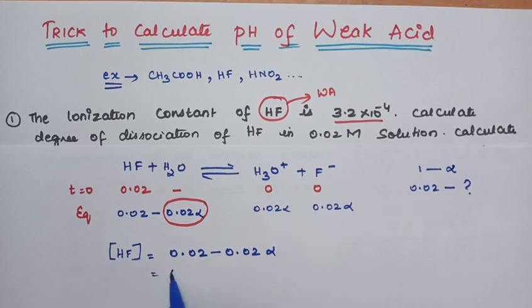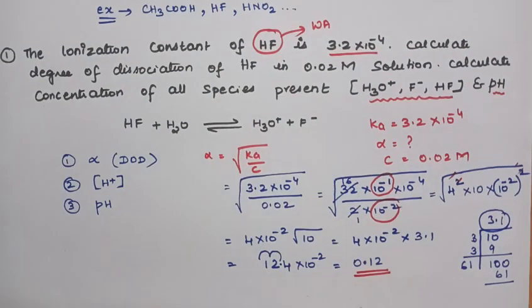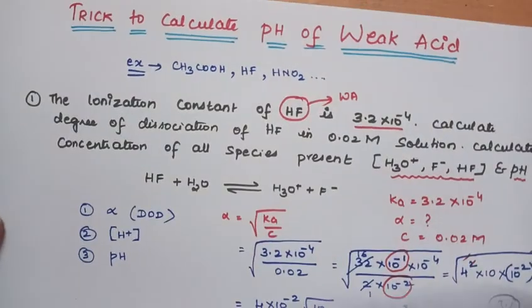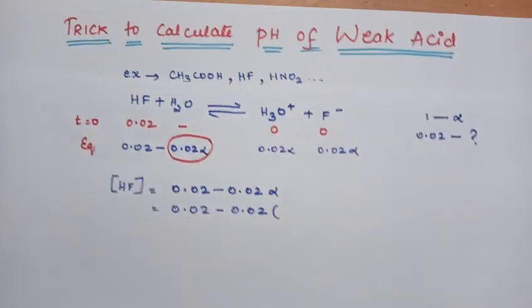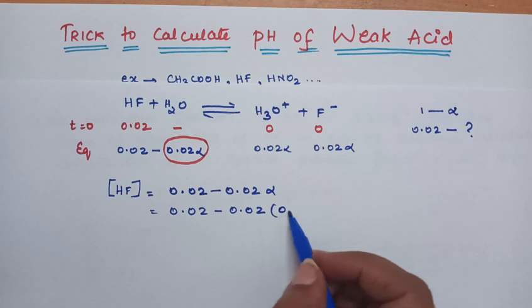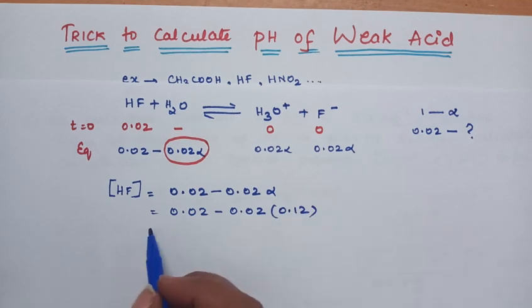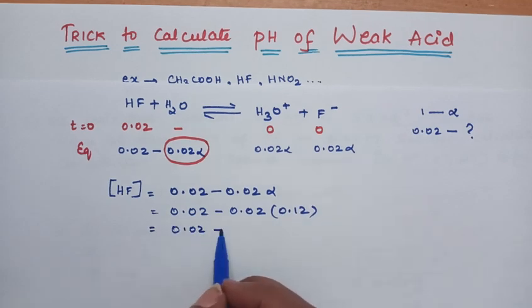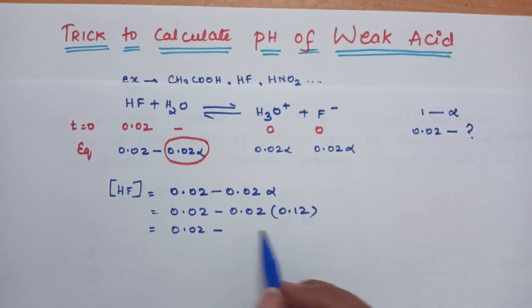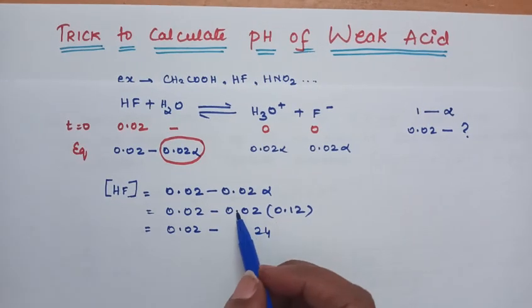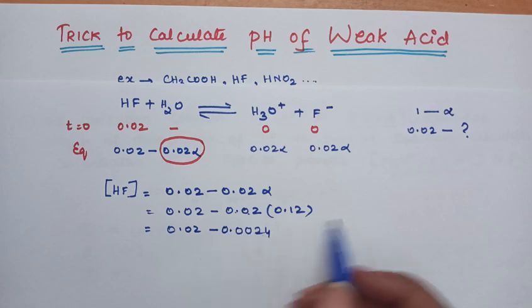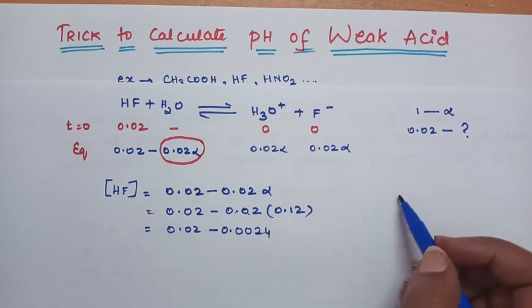The alpha value is 0.12. So this is equal to 0.02 minus 12 twos are 24, and after the point there are 4 digits. Do the subtraction.